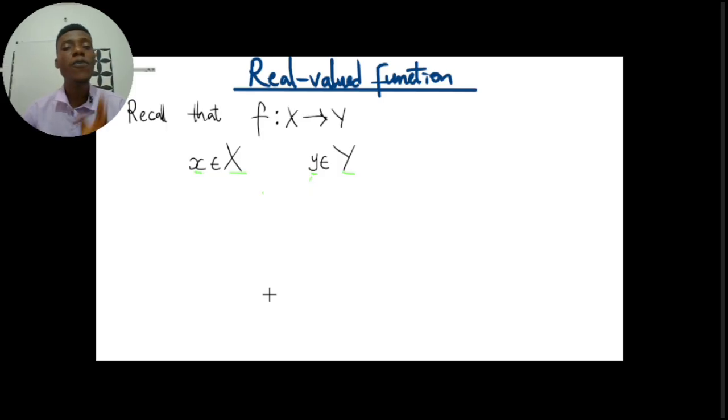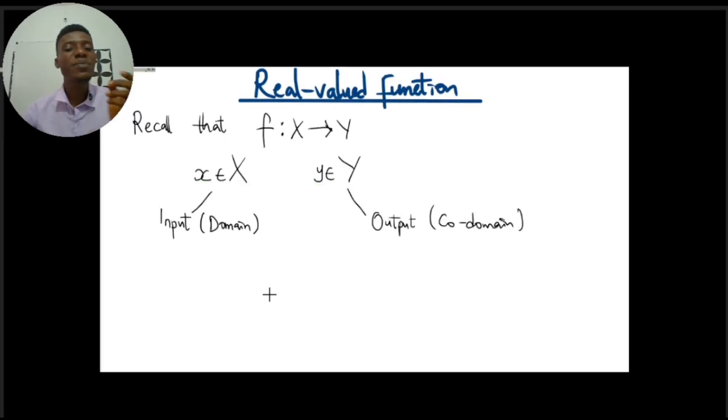Now, this is how this function works. Every x that is substituted in f gives a result, and that result belongs to Y. So x is the input and y is the output. X is always called the domain and Y is called the codomain.